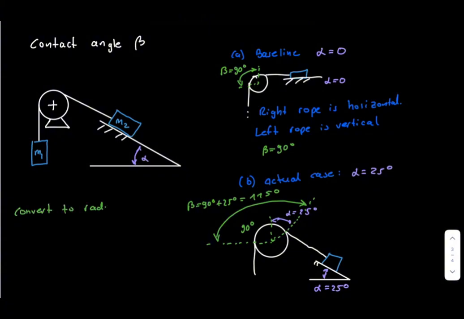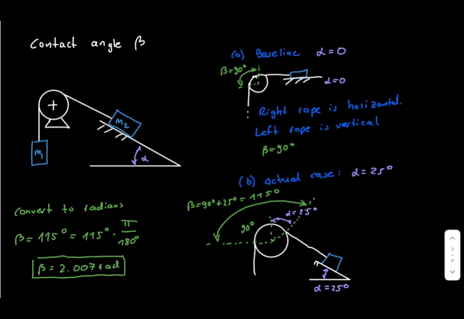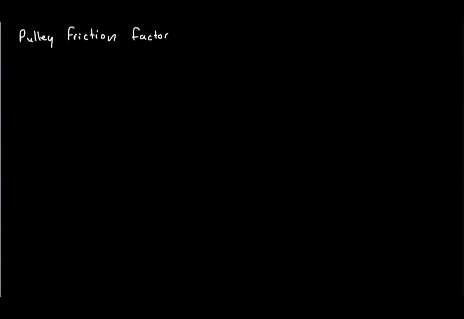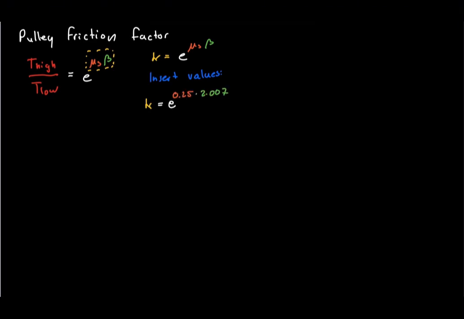We now convert the contact angle to radians. 115 degrees is approximately 2.007 radians. Using this value in the Capstan relation, with a friction coefficient of 0.25, gives a pulley friction factor of approximately 1.652.